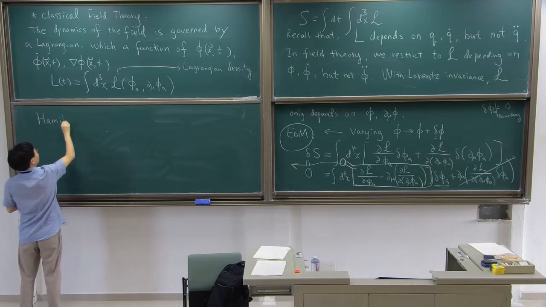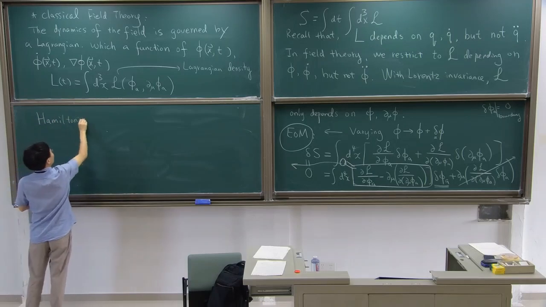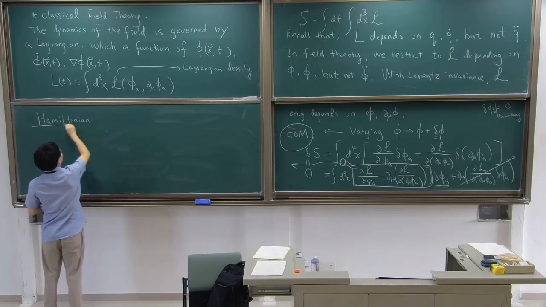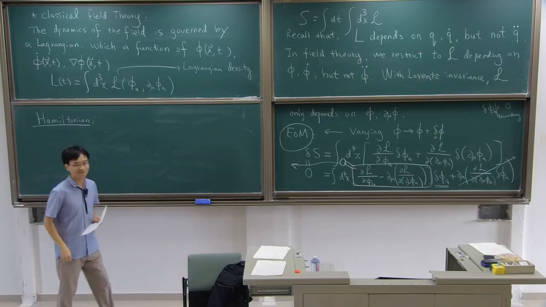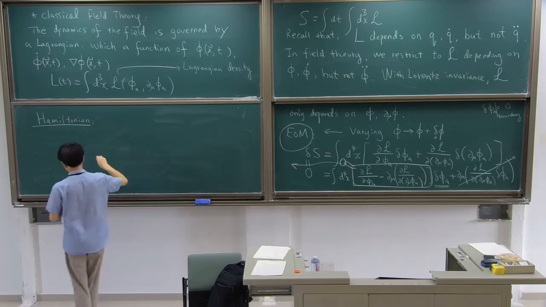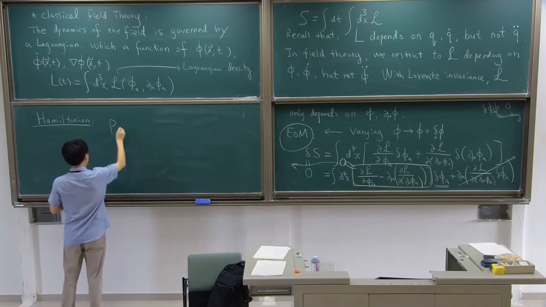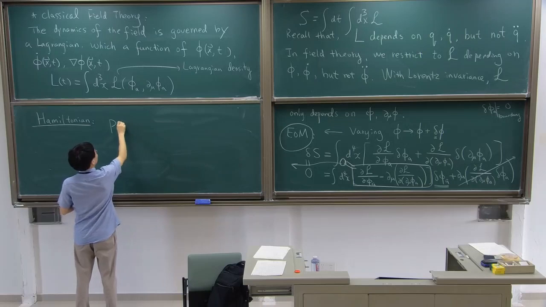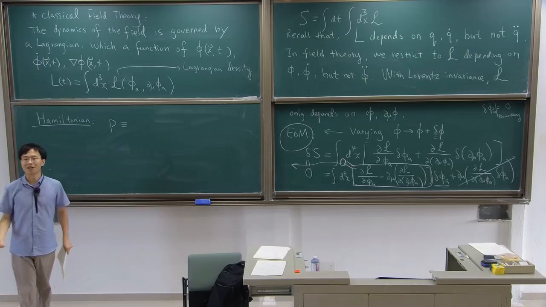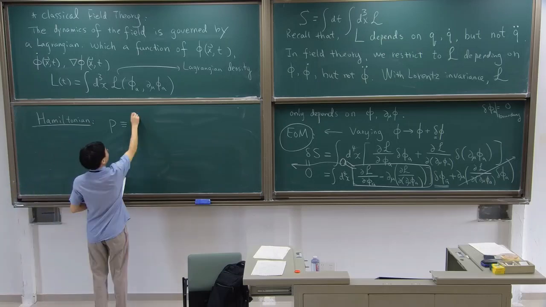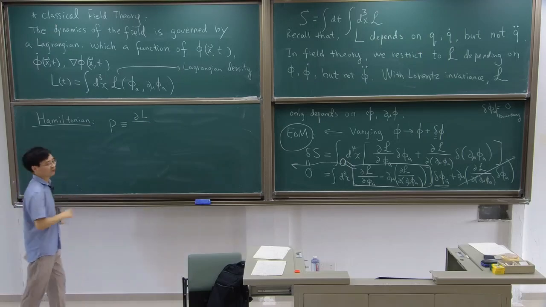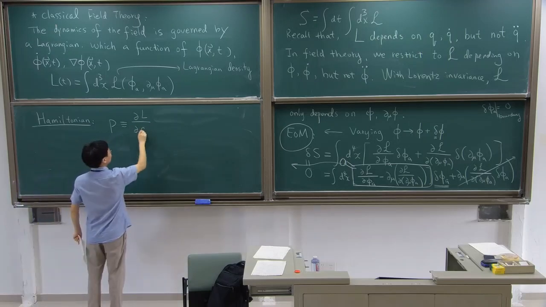That's also used here. For instance, let me go back to classical mechanics. We know that in classical mechanics, we define the conjugate momentum P as the partial derivative of the Lagrangian with respect to q dot.